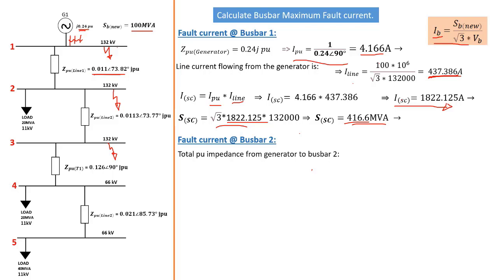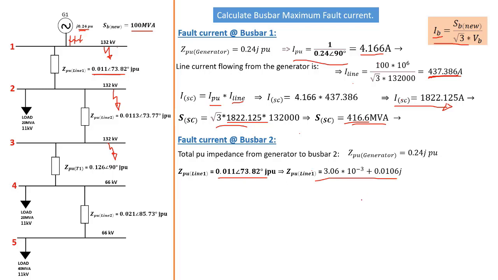The total per unit impedance from generator 1 to busbar 2 will be as follows. Z per unit of the generator is j0.24. Z per unit of the line is equal to 0.011 with an angle of 73.82 degrees. This is in polar form, so we convert it to rectangular form; that way it will be much easier to add it with this one.